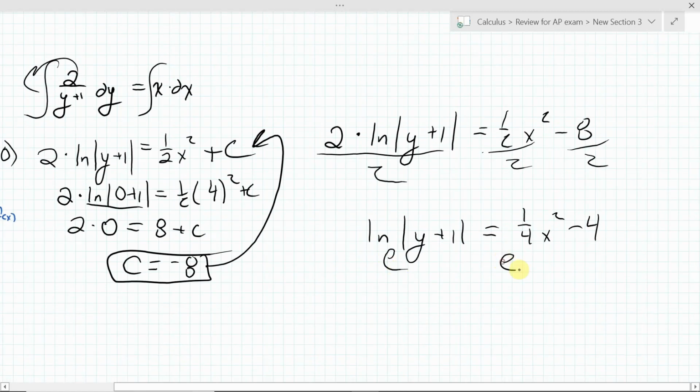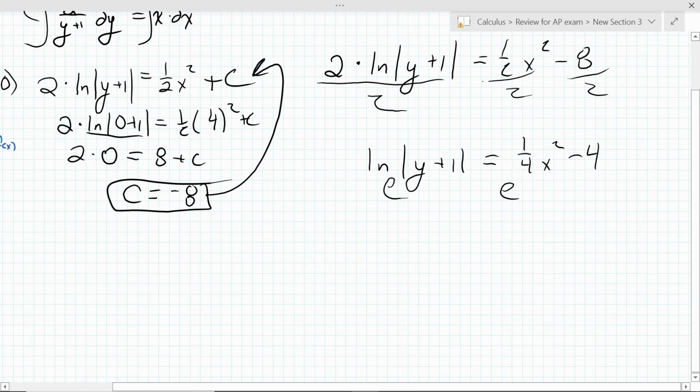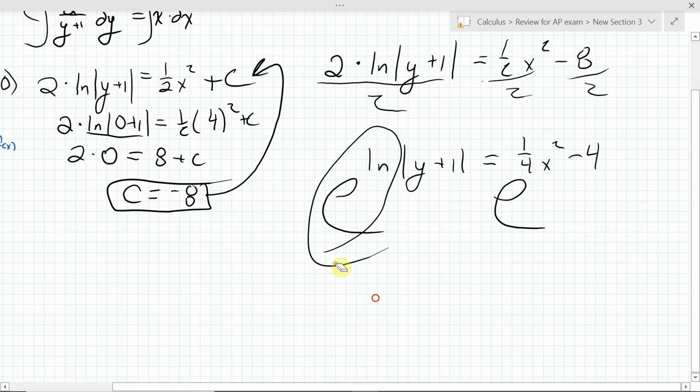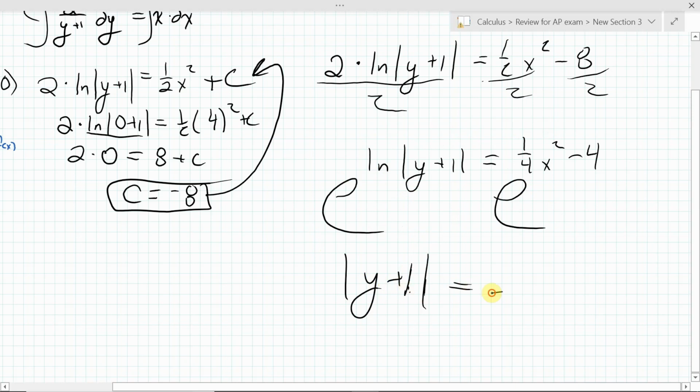Now is the step where we could think about either rearranging it from a log form to an exponential. I usually think about, so you could use this base and say that e to that power should be absolute value of y plus 1. You could think about taking e to both sides, and these are inverses, don't say cancel. And then that would leave us with the y plus 1. It doesn't matter which way you think about it, you get this statement. Absolute value of y plus 1 equals e to the quarter x squared minus 4.